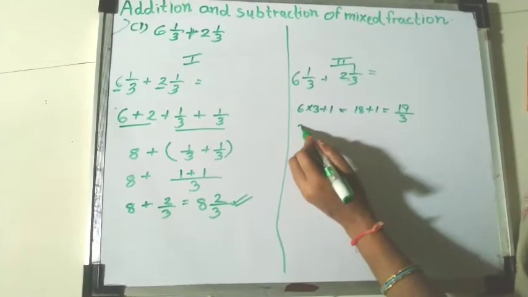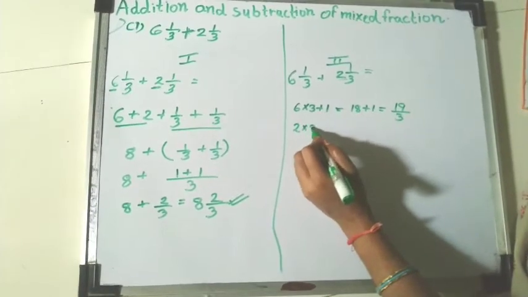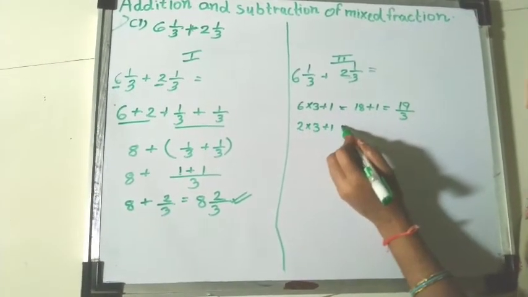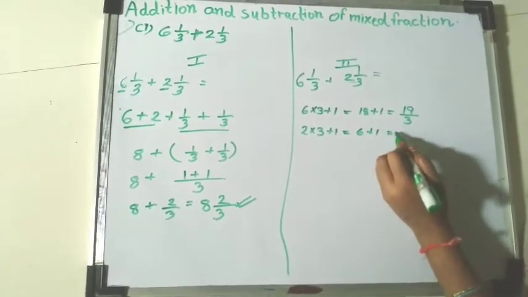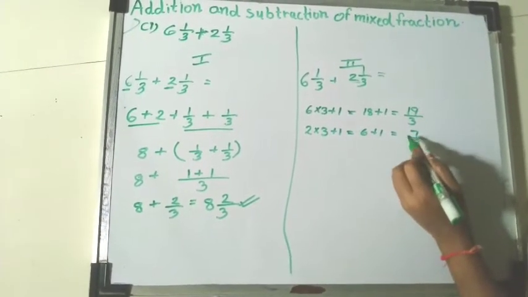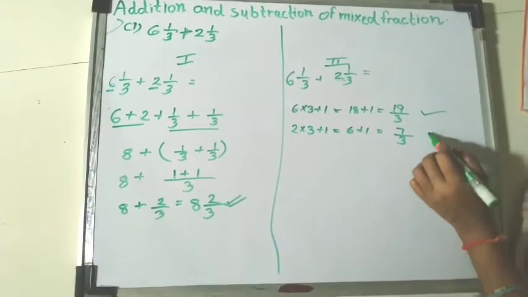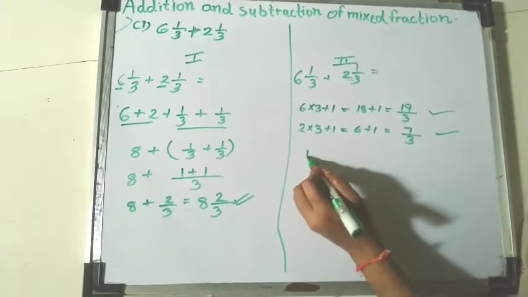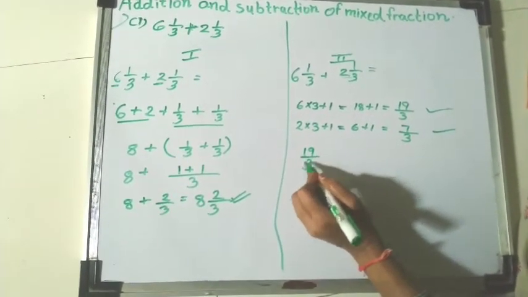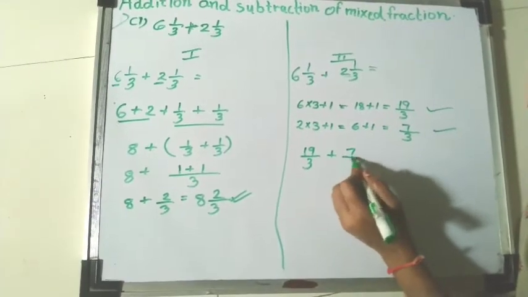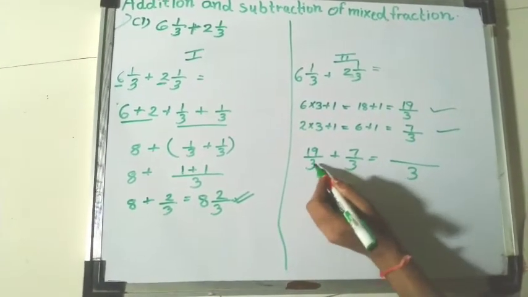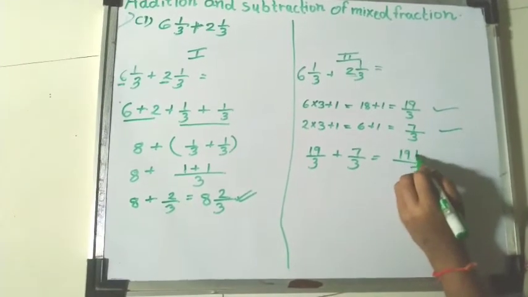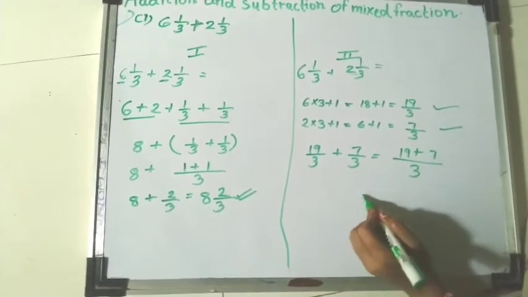And next, 2 into 3 plus 1 equal to 6 plus 1, 7 by 3. Mixed fractions are changed into improper fractions. Now add 19 by 3 plus 7 by 3 equal to, take LCM 3, 19 plus 7. How much is 19 plus 7?